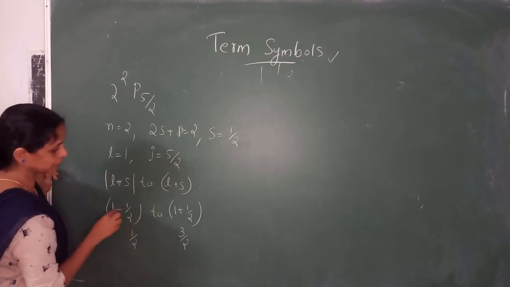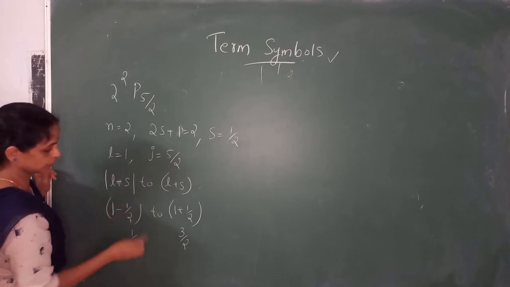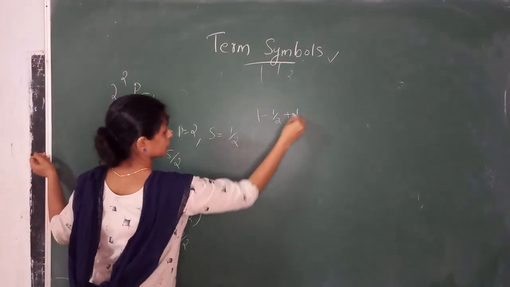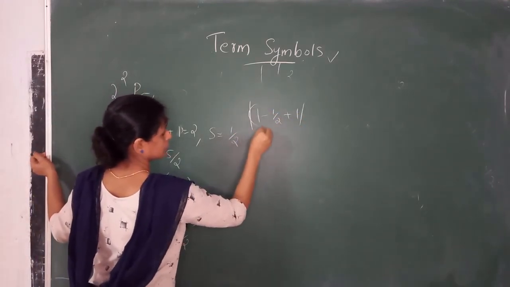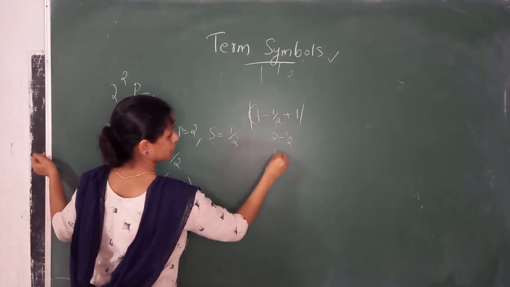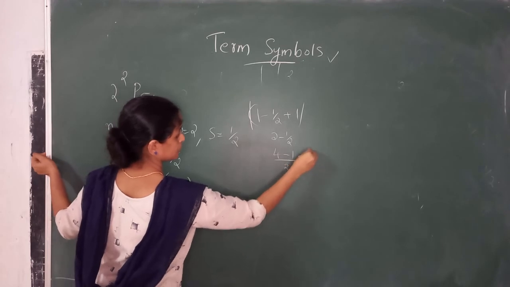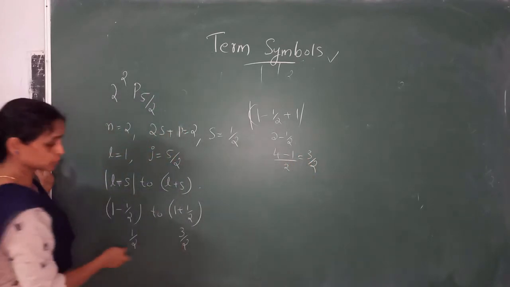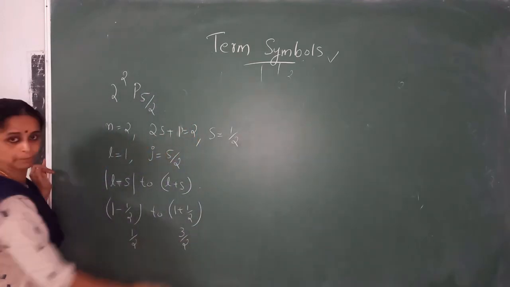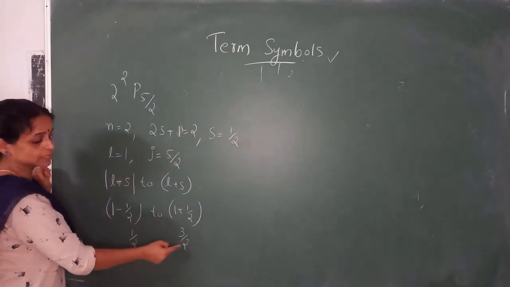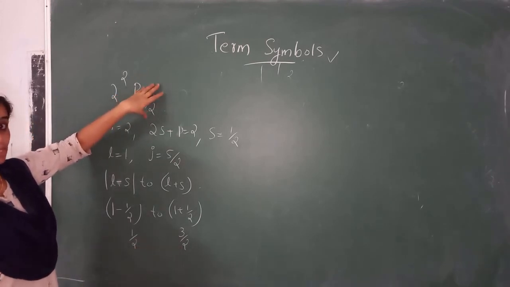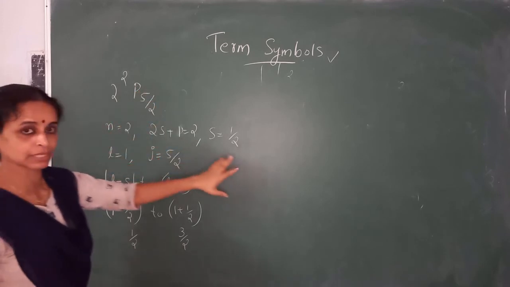The next value will be 1 minus 1 by 2 plus 1, which gives 3 by 2 itself. So only two values will be there, 1 by 2 and 3 by 2. So the maximum value is 3 by 2. So you never have a 5 by 2 value for J in this particular case.